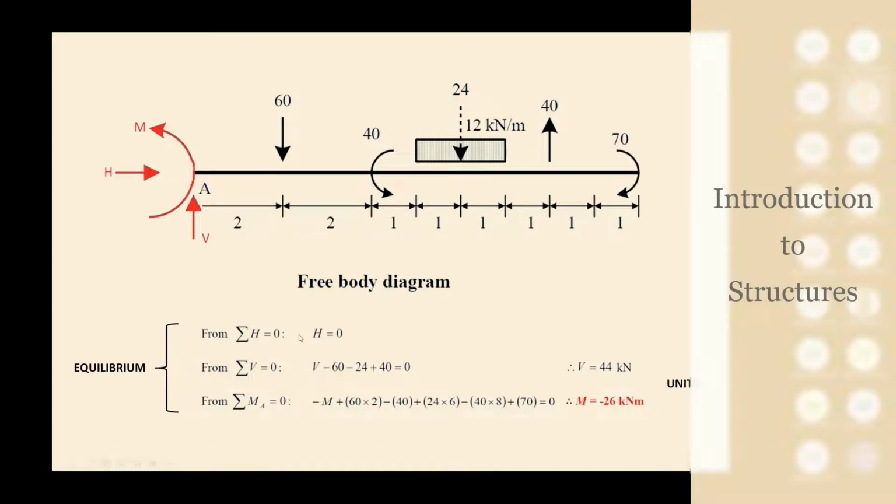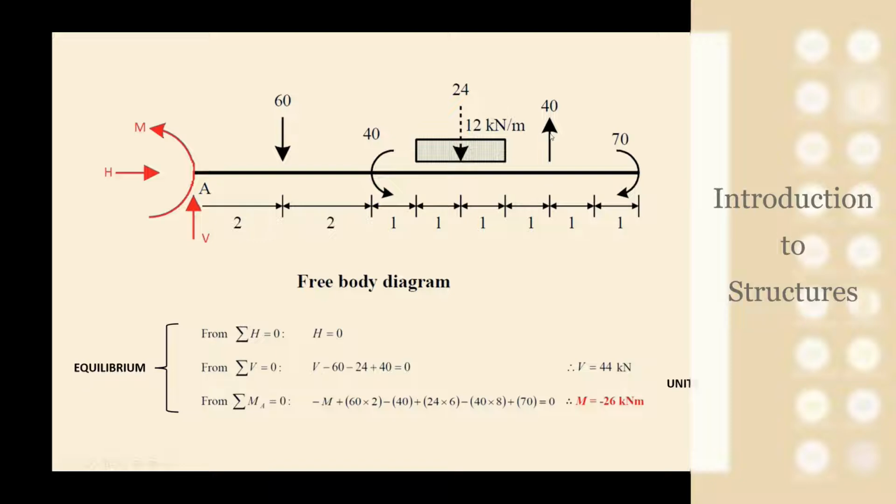The next moment around the point A will be the moment produced by the UDL, but this moment is equivalent to the moment produced by the equivalent load. This is the reason why we use 24 multiplied by 6, the distance to the point A, positive because it's clockwise, and this is the term that represents the moment of the UDL. The moment produced by 40, this force that is going up, will be 40 multiplied by the distance from 40 to A, which is 8.